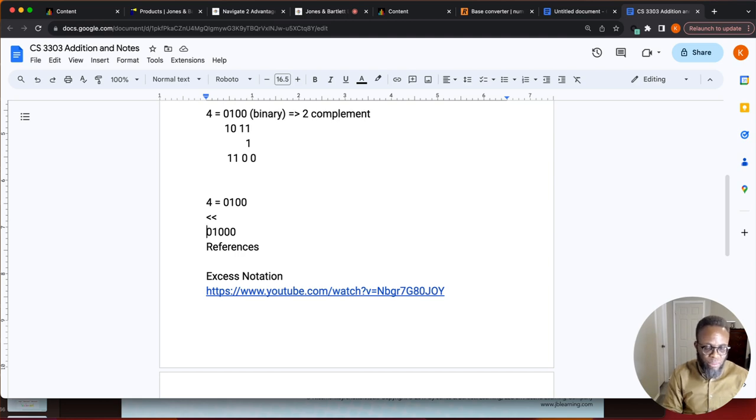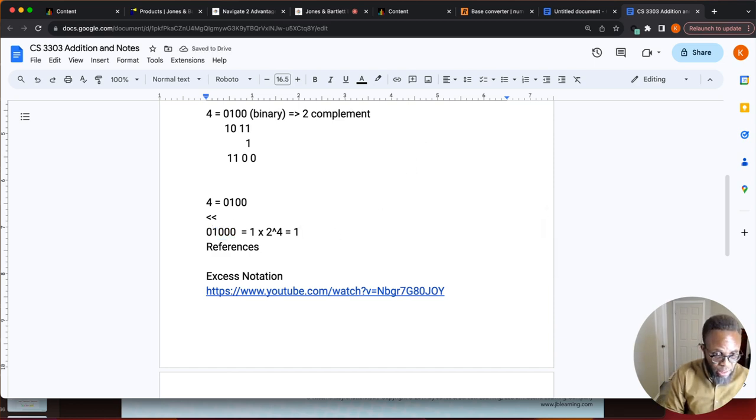To convert this to decimal, this is 1 times 2 to the power of 4, because this is in the fourth position, and this is 16.